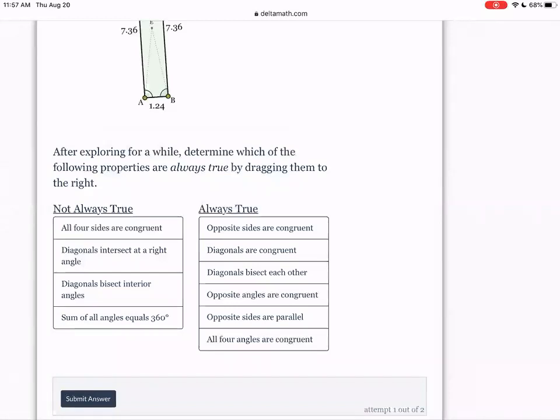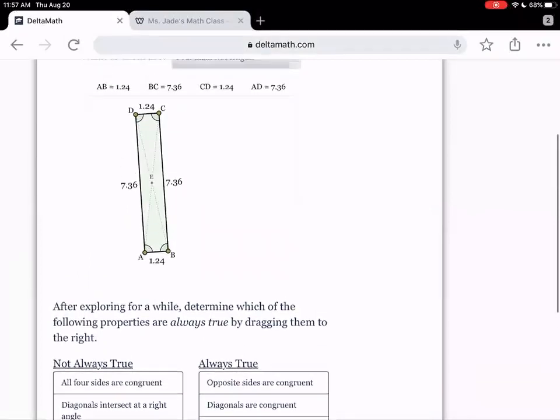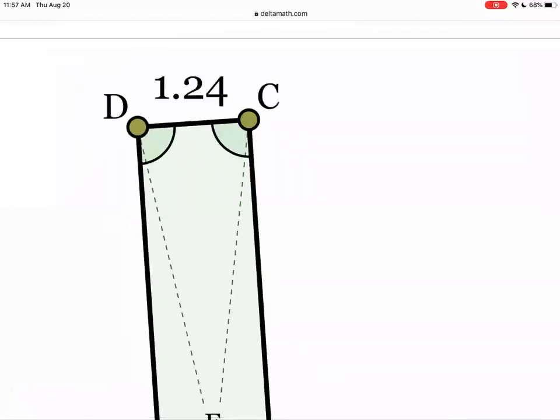Diagonals bisect interior angles. Okay, can I zoom in? I can. Look at where those diagonal lines touch the D and C angles. Does the dotted line cut angle D in half, or does it give just a very small slice and a very big slice?